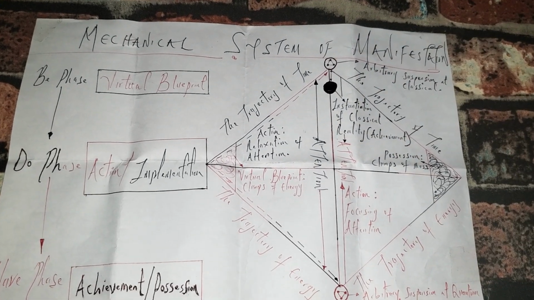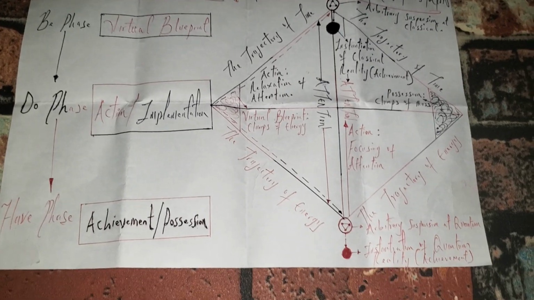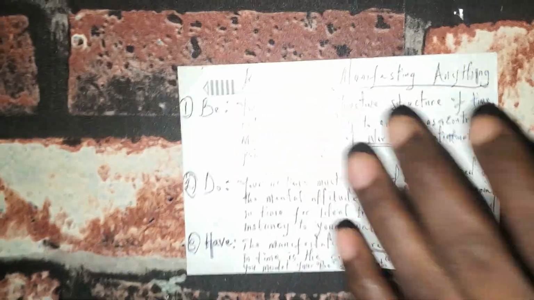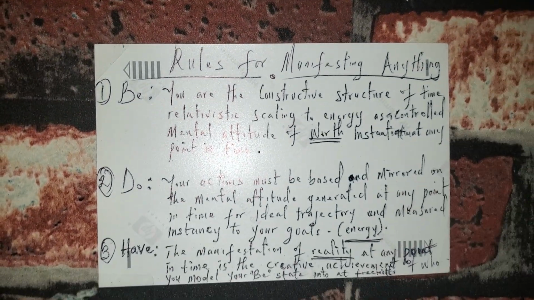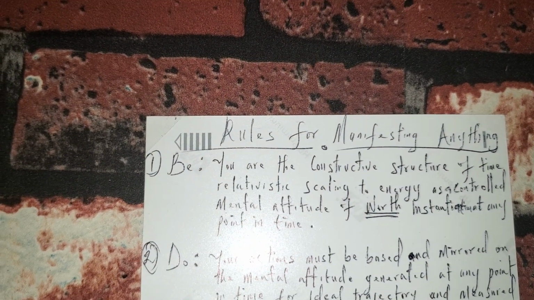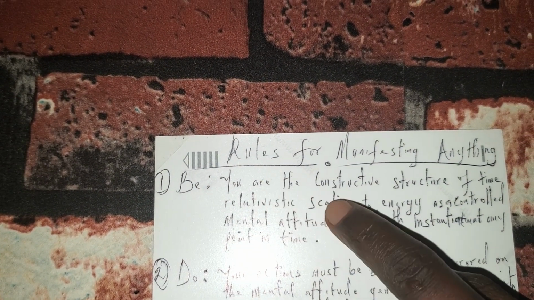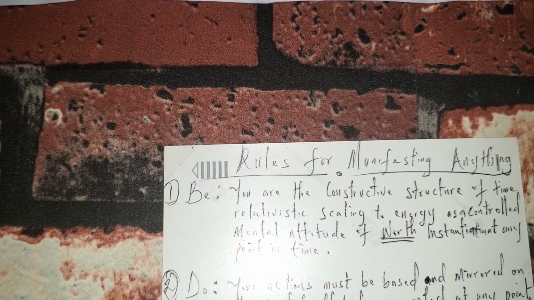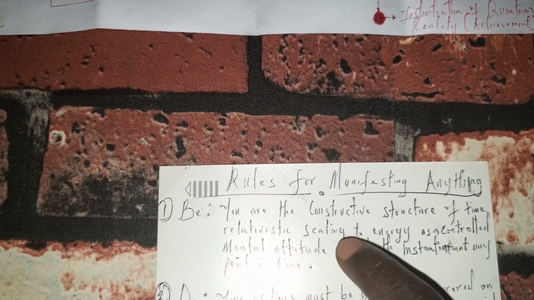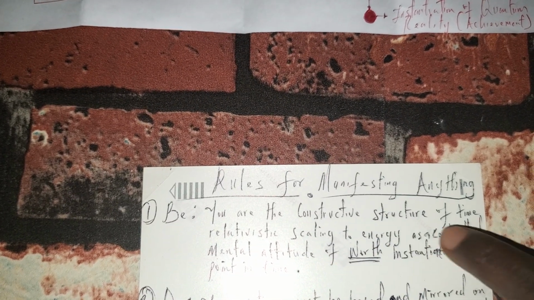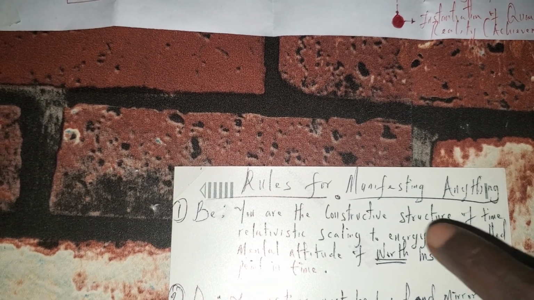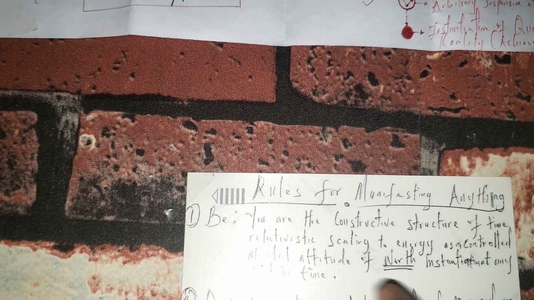So now, to define what be, what do, and what have are, I will define be based on the model that we have been using, which is the time energy wave model. I will define be to be: you are the constructive structure of time relativistic scaling to energy as a controlled mental attitude of worth instantiation at any point in time.